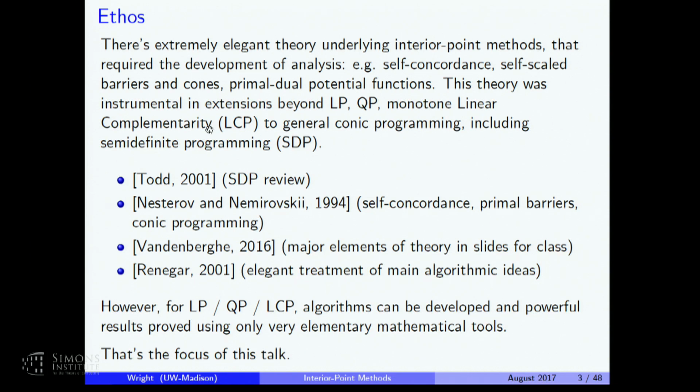And this theory is really important in going beyond LP to more general conic programming, particularly to SDP. You need this very elegant general formulation to make that jump. And here are some papers that work in that domain of that elegant general mathematical formulation.